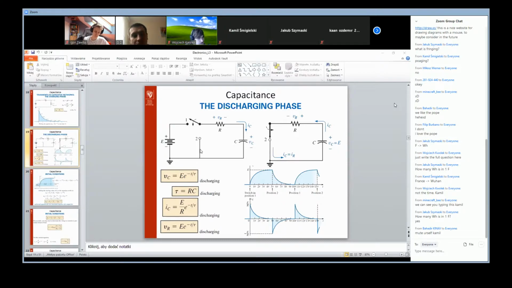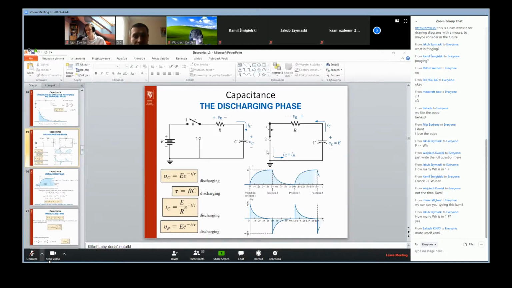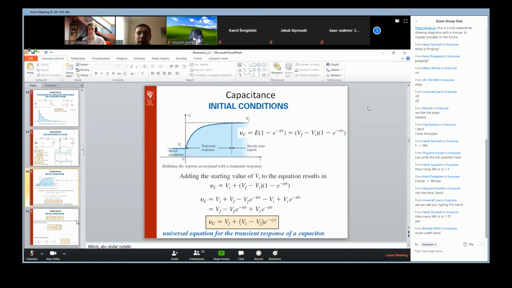The tau value here will be how much? It will be a series connection between this resistor and this extra one. So tau will be equal to C multiplied by R plus the second resistance. Okay, I will talk about it a little bit later.